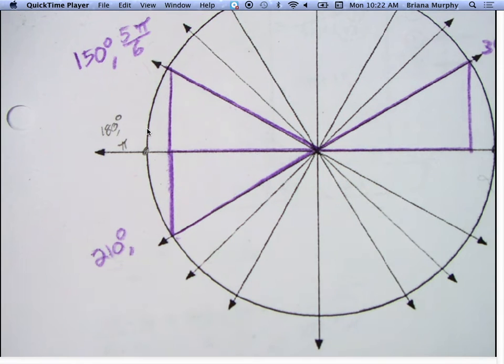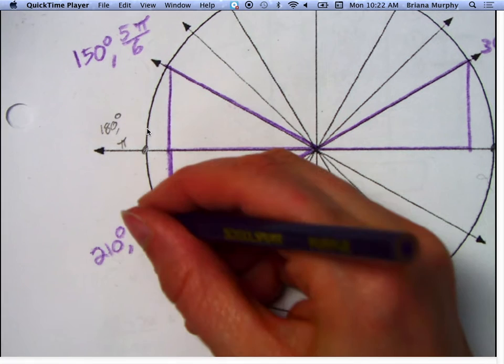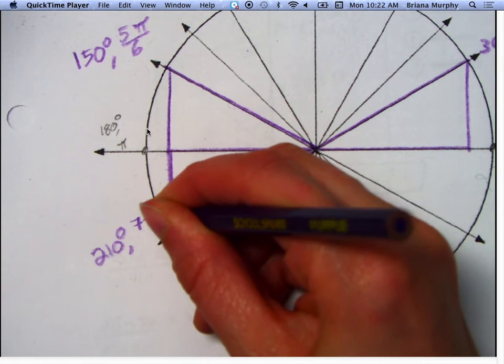Okay, 210 over 180 reduces to what? 7/6. So it's 7 pi over 6.